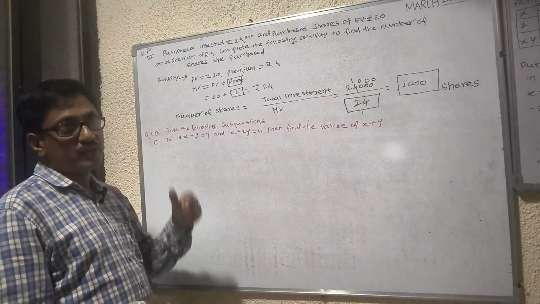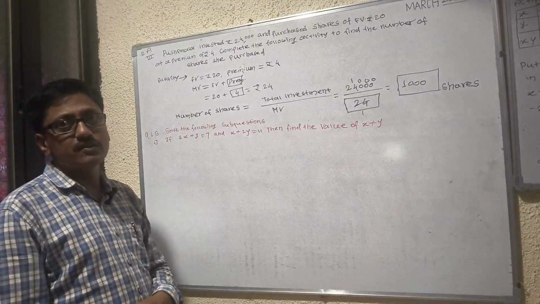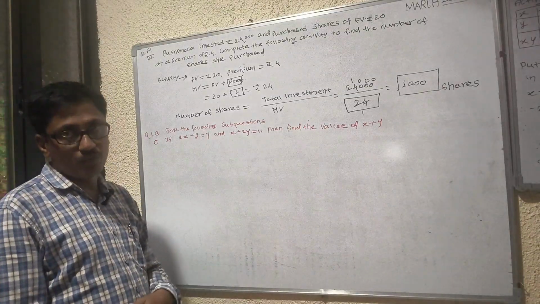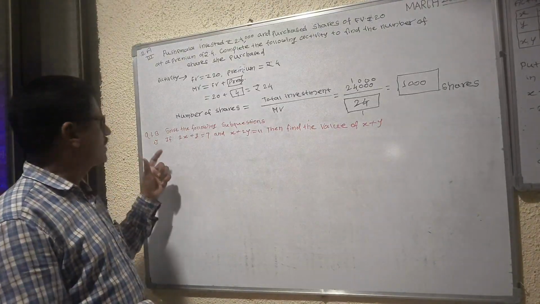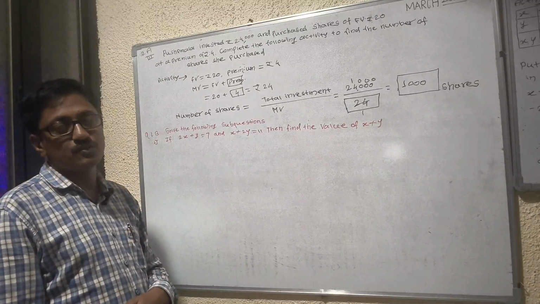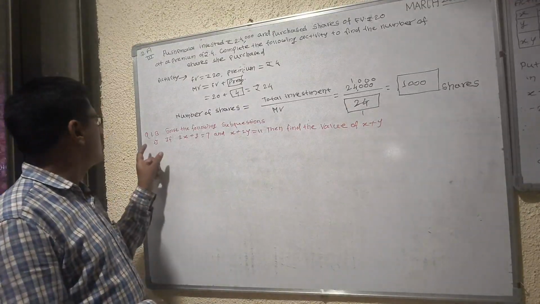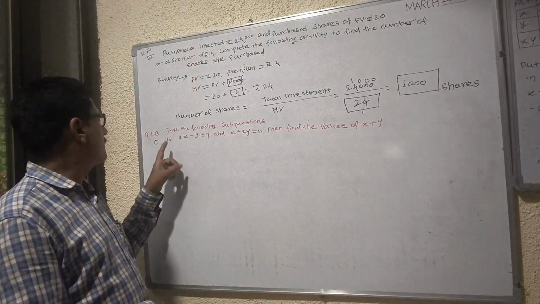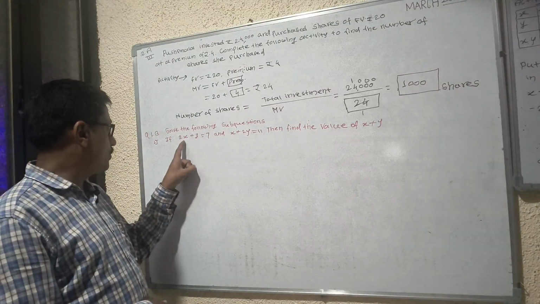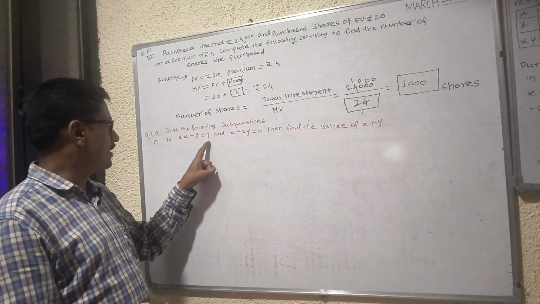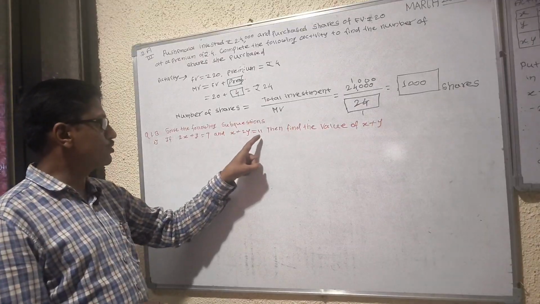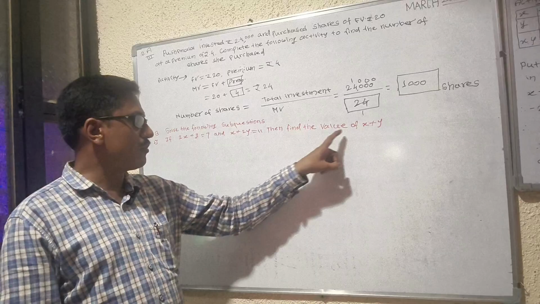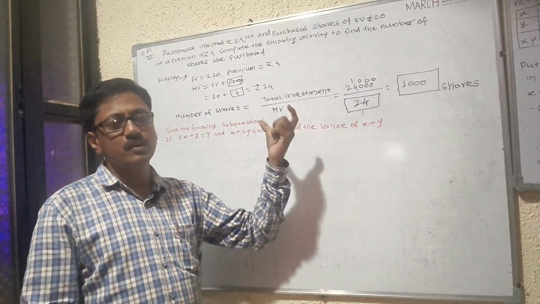1B. This is compulsory: 4 sub-questions out of 4. Each question is 1 mark. First read the sub-questions. I read: if 2x plus y is equal to 7 and x plus 2y is equal to 11, then find the value of x plus y.